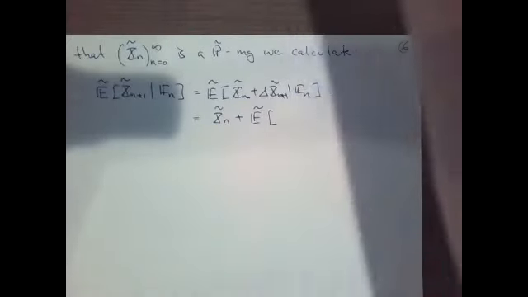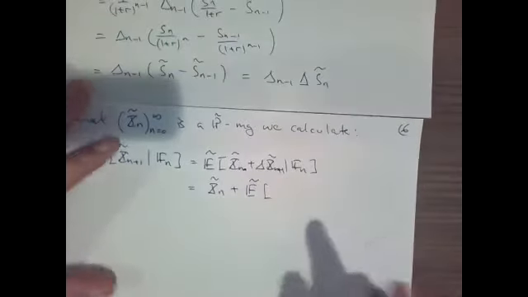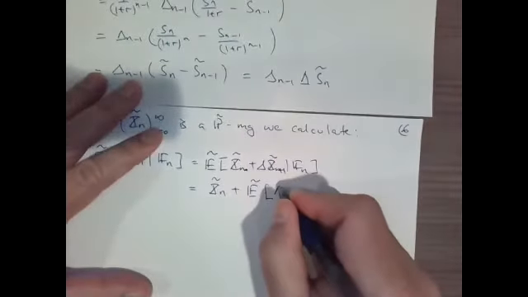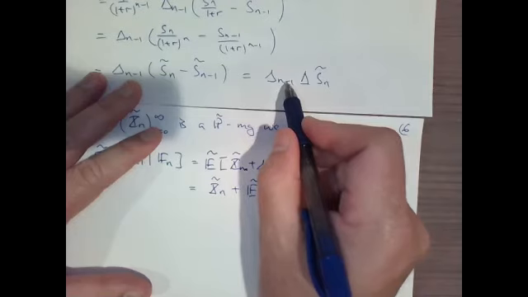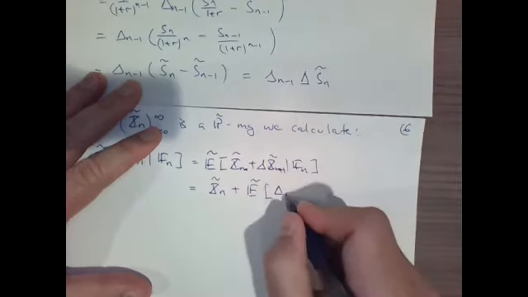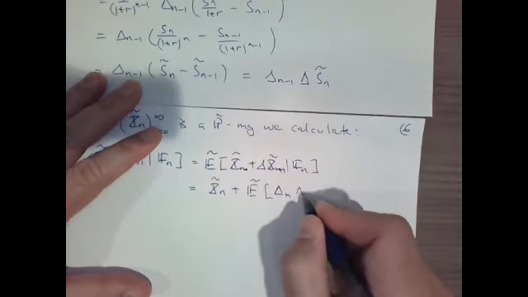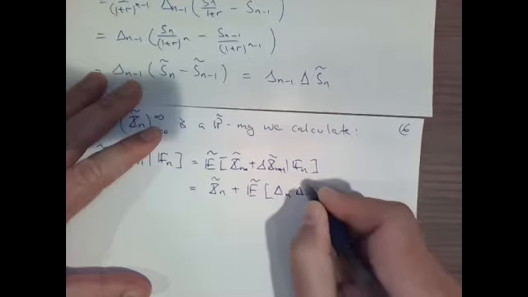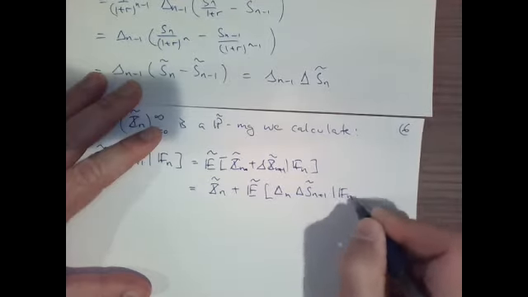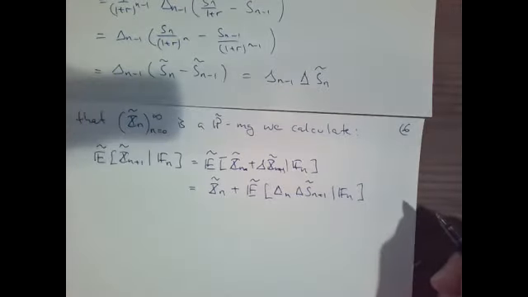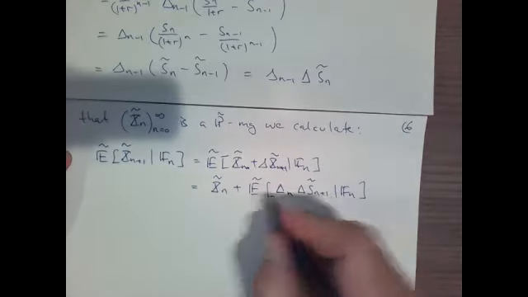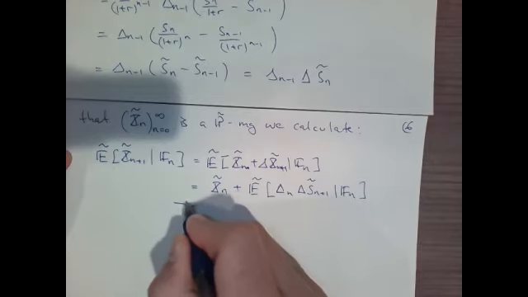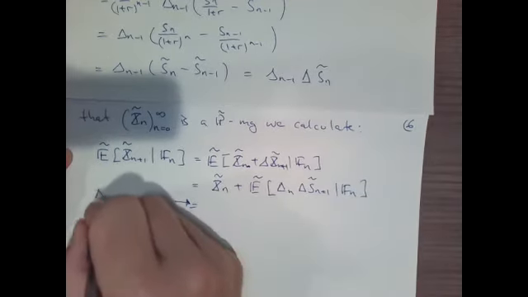Plus, the conditional expectation of the other term is the thing we worked so hard to calculate. It's going to be delta xn plus 1, so we need to replace n by n plus 1. So I'm going to get delta n here, and then delta Sn plus 1 with a tilde on top, given Fn. So now we're very similar to the situation we had before. This thing here is my holdings at time n.